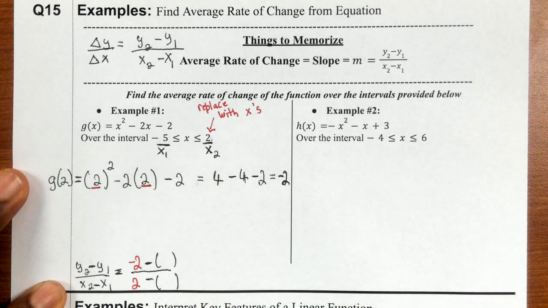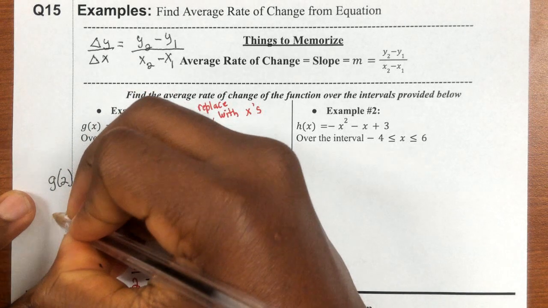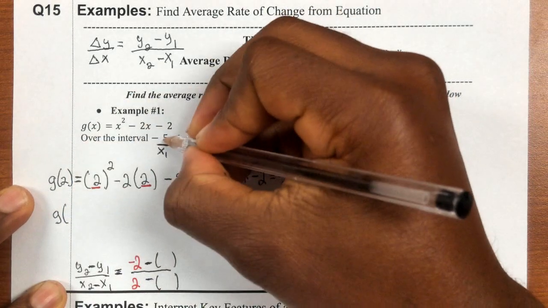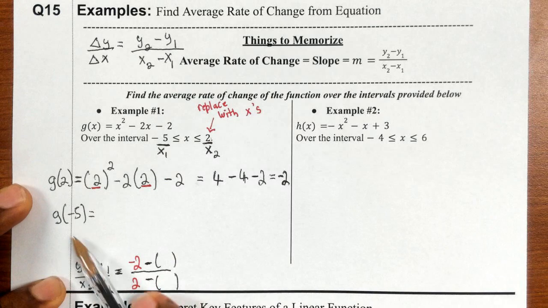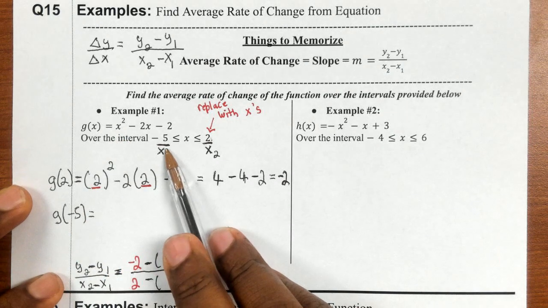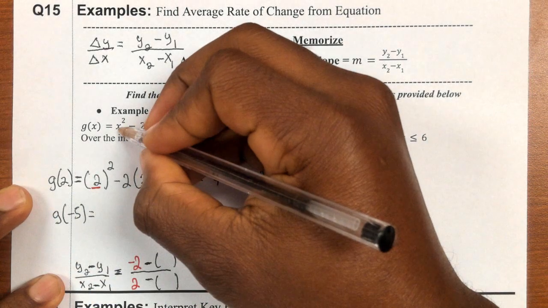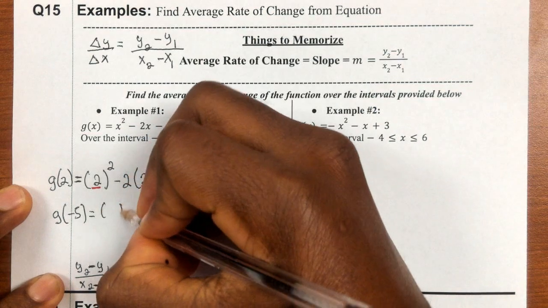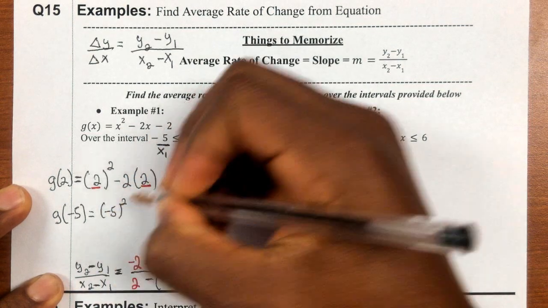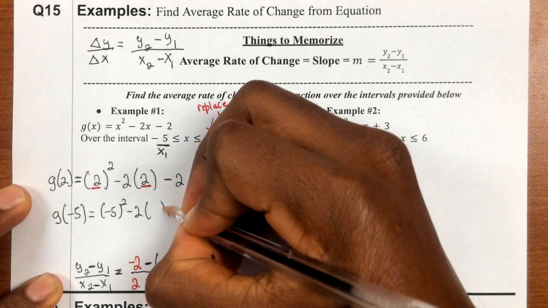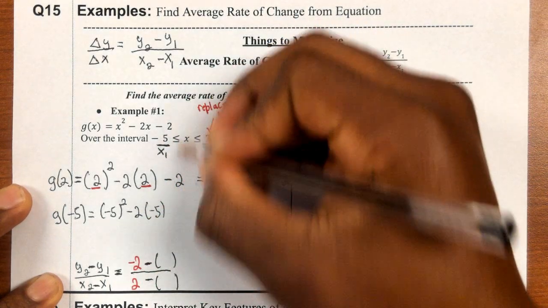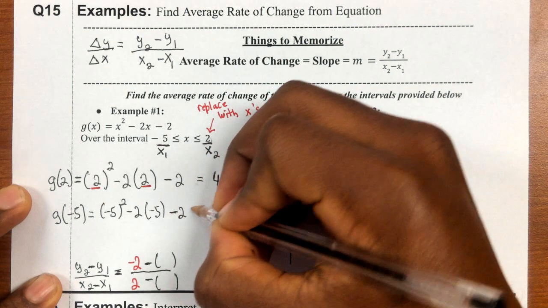Now I'm going to find my second y that goes with my x. To do this, guys, I'm going to find g of negative 5. That means anywhere I see x, I'm going to plug in negative 5. So instead of writing x, I would write parentheses negative 5 squared. I would rewrite the negative 2, but instead of x, I would write parentheses negative 5, and then rewrite the negative 2.